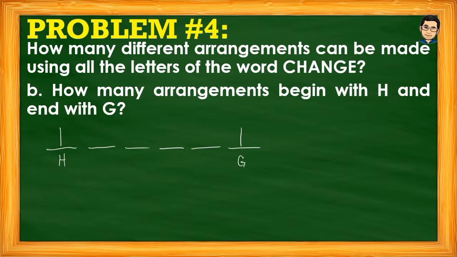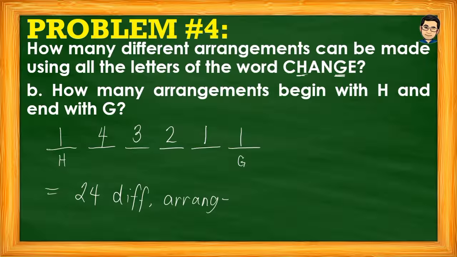And then, yung pwede natin gamitin sa pangalawa, eliminate natin yung H saka G, yun na lang pong C, A, N, E. So, 4 na lang po yun. And then, pababa siya, 3, 2, 1. Imumultiply natin yan. So, 1 times 4 times 3 times 2 times 1 times 1. And that is equal to 24 different arrangements. So, ganyan po kakonti ang bilang ng arrangements.